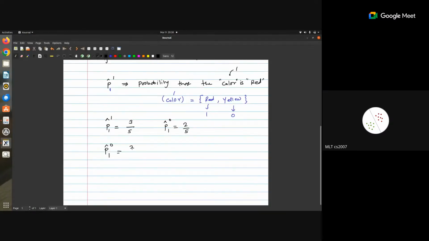So it is 2 by 5. Okay, this is something wrong, right? So of 1 you have to write P hat 1 1. It should be 1 minus P hat 1 1. Sorry, yeah, it is 1 minus P hat 0 1. Is that correct now? Yes, sir. 3 by 5.